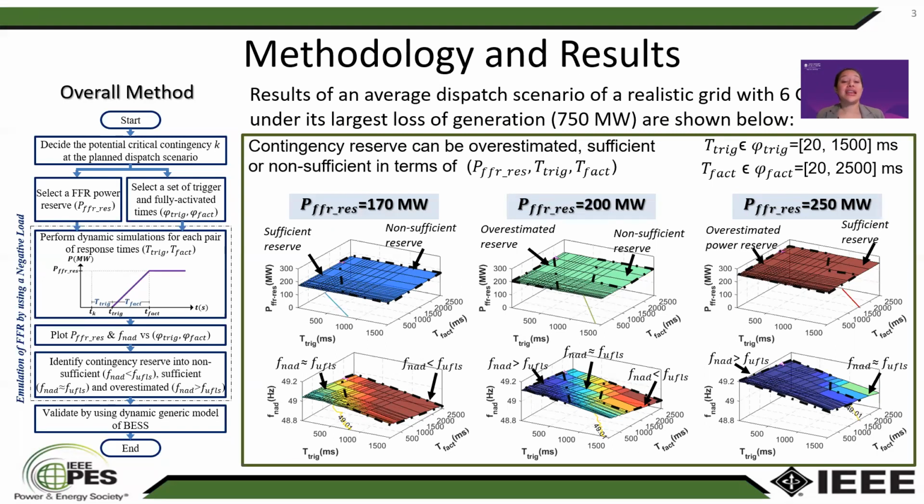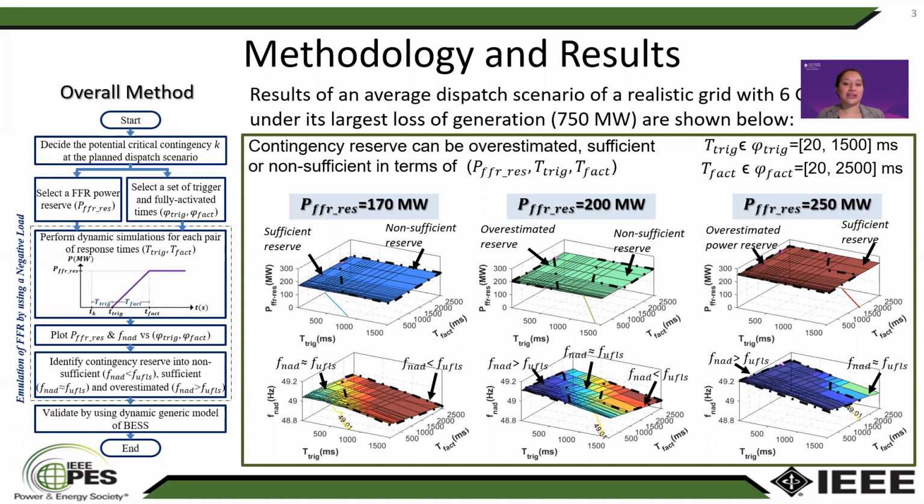Then we perform dynamic simulation of every single combination of the aforementioned parameters. We plot the results of frequency nadir, power reserve versus the set of trigger and fully activated times.